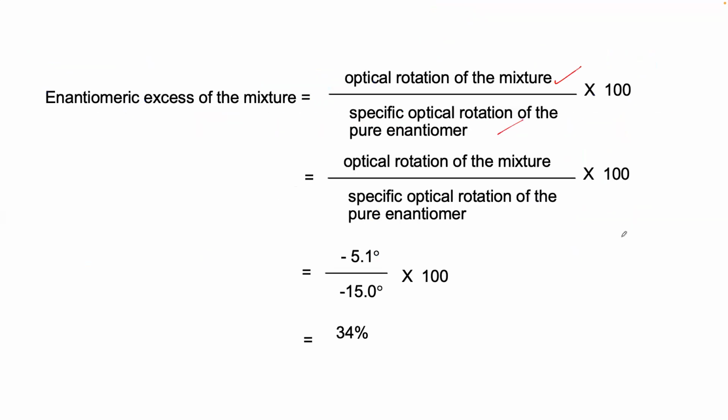That's why we put negative 15 in here, not plus 15. Understand? Okay. So then it is 34%. That's the enantiomeric excess. So you have 34% excess of the negative isomer.